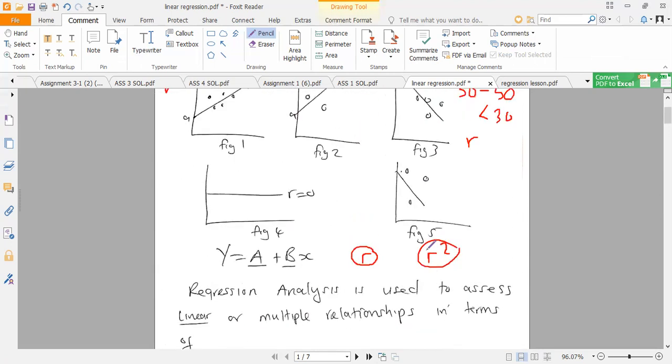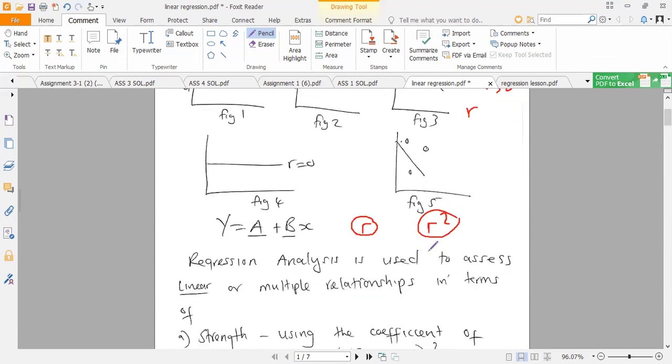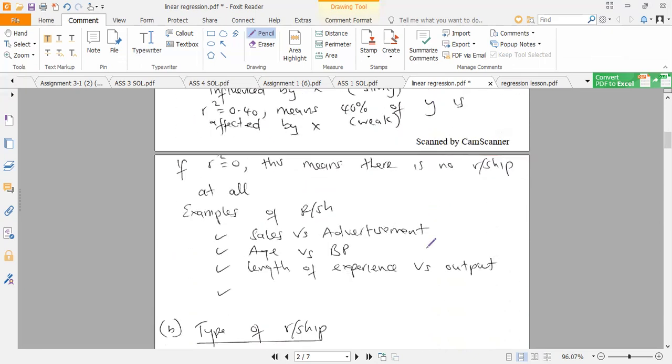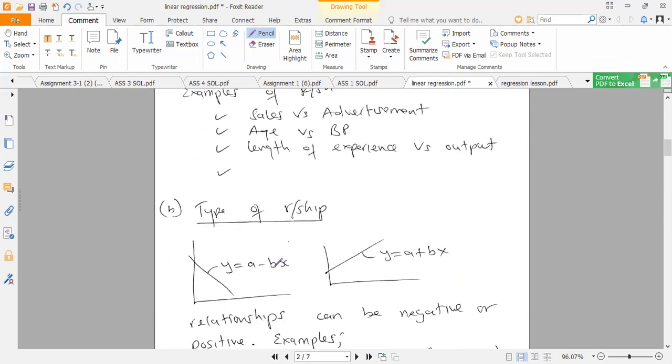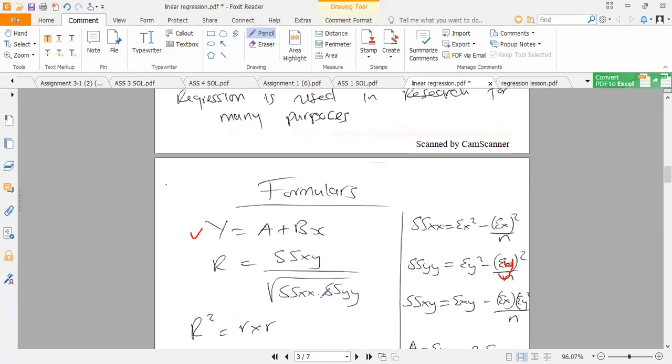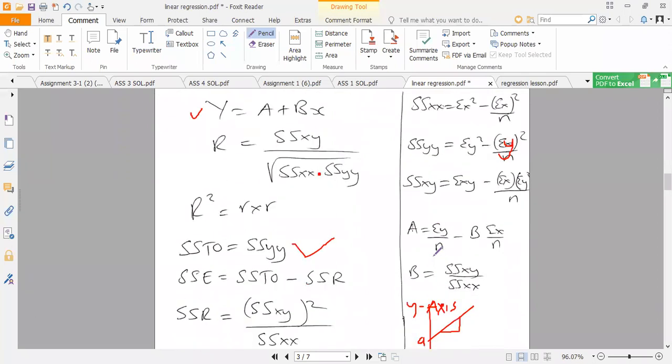Yes, so the formulas down where y is equal to a plus bx, r is equal to the sum of xy over the square root of the sum of xx multiplied by, slightly down.